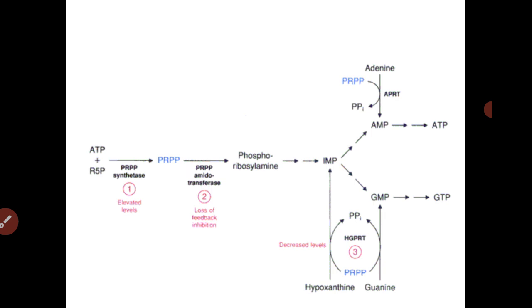So when the enzymes of de novo synthesis of purines such as PRPP synthetase and PRPP amidotransferase are increased, or they are resistant to the feedback inhibition of purine nucleotides, that is, normally these enzymes are regulated by feedback inhibition. When the level of purine nucleotide synthesized is higher, when the end product is higher, that will come and inhibit these enzymes.